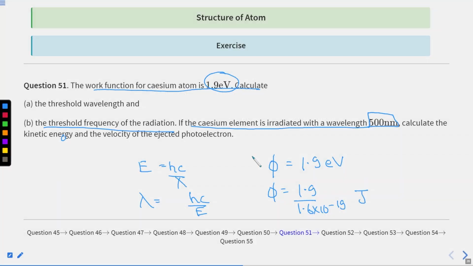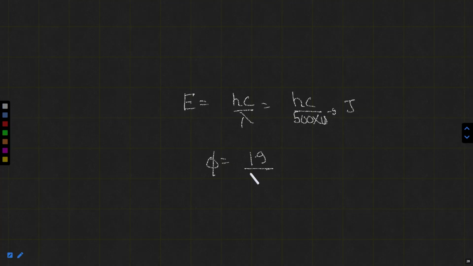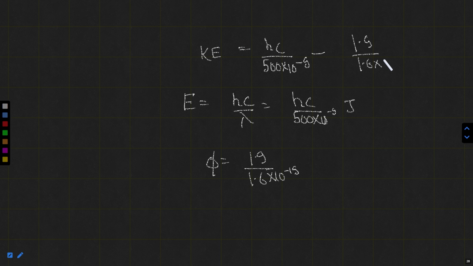Work function is given as 1.9 into 1.6 into 10 to the power minus 19. So kinetic energy will be equal to hc by 500 into 10 to the power minus 9 minus 1.9 into 1.6 into 10 to the power minus 19.